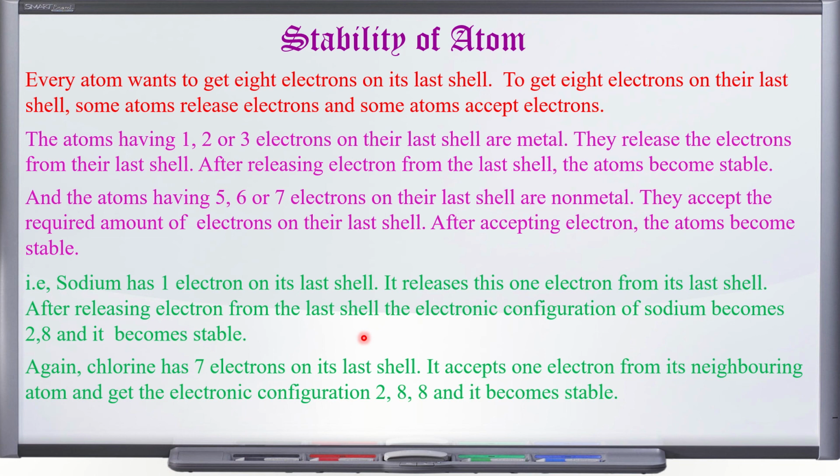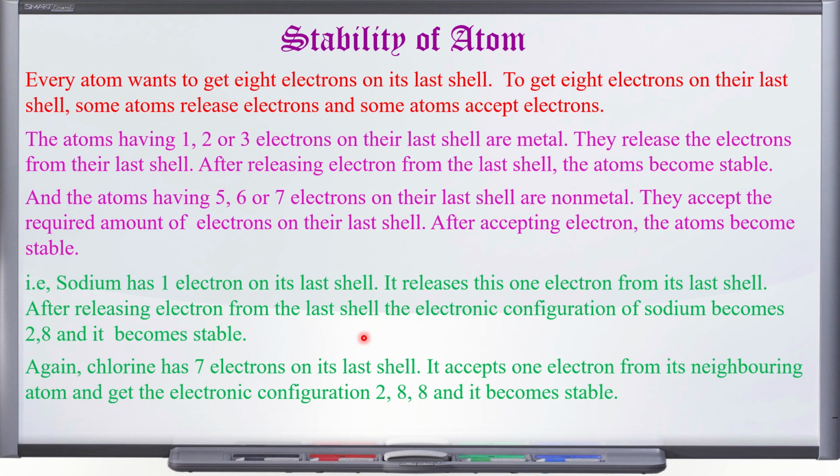I didn't tell anything about it. 4 electrons, that means carbon 2, 4, silicon 2, 8, 4, in this way. What happens to them? Are they metal or non-metal? Carbon and silicon are non-metal. But I told you that more than 3 electrons cannot be released or accepted.